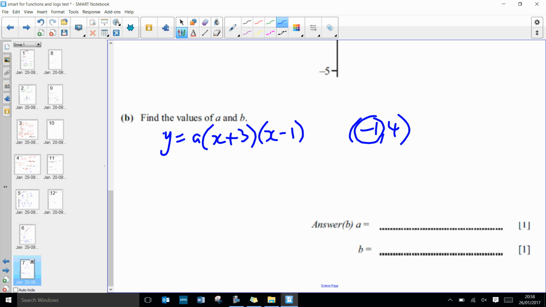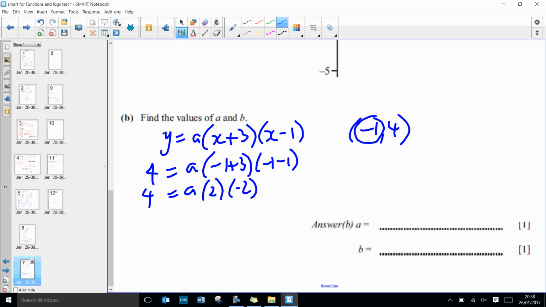So what we're going to do is stick these two values in. So it's 4 equals a bracket -1 plus 3, -1 minus 1. 4 equals a, so -1 plus 3 is 2, times -1 minus 1 is -2. So we've got 4 equals -4a, which means a is negative 1.